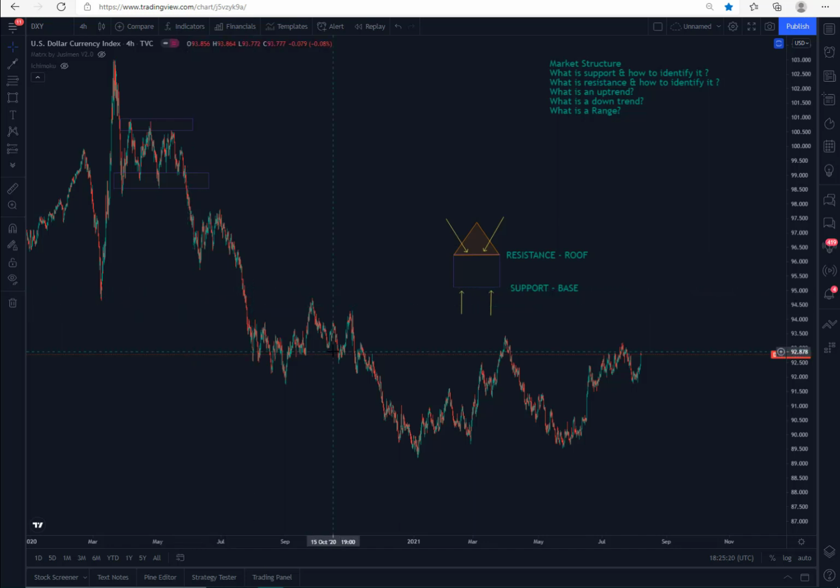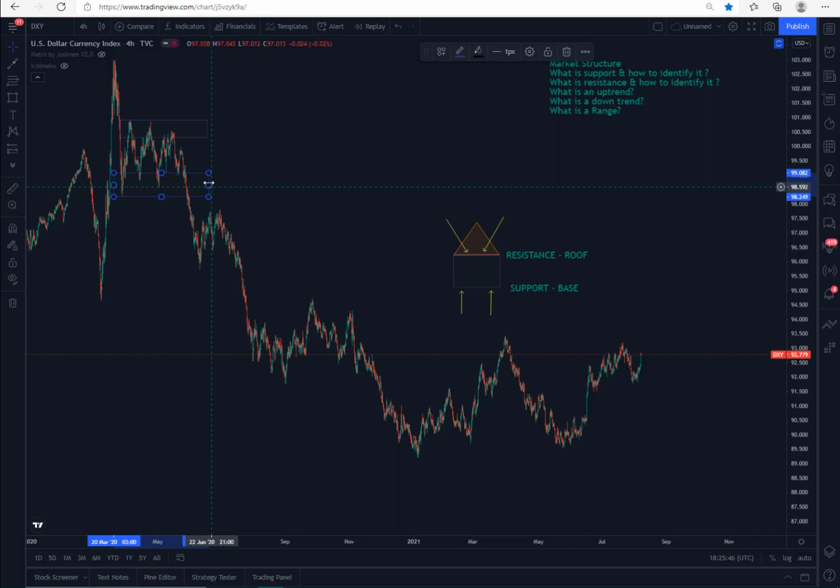Another thing I'd really like to identify is support and resistances aren't really specific prices, they're more of a range. Well, not range, you identify zones. So I would place this whole area here as a support zone. Similarly, I would put this whole area here as a support zone.